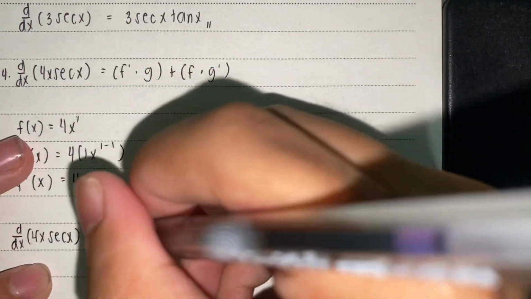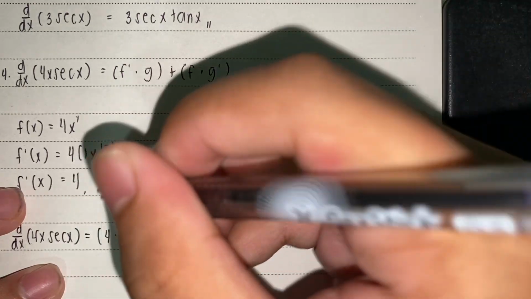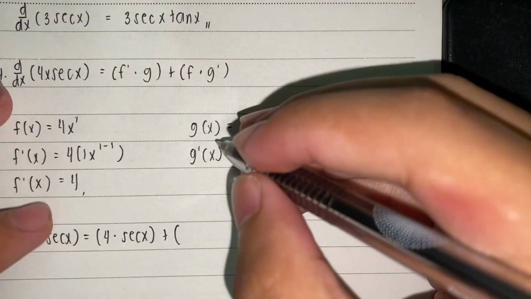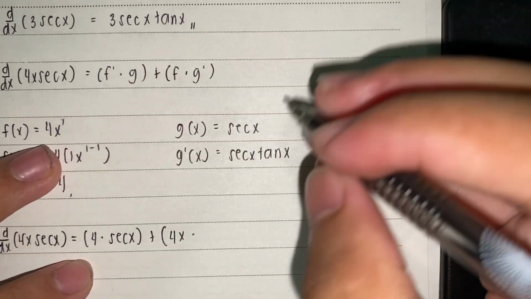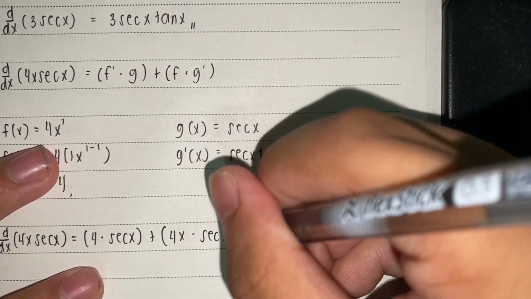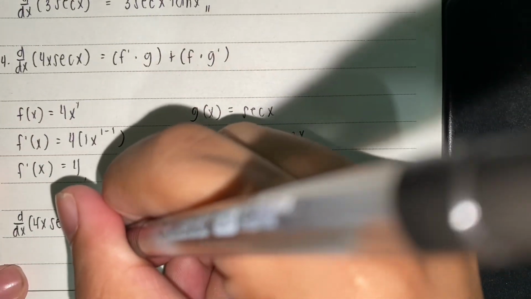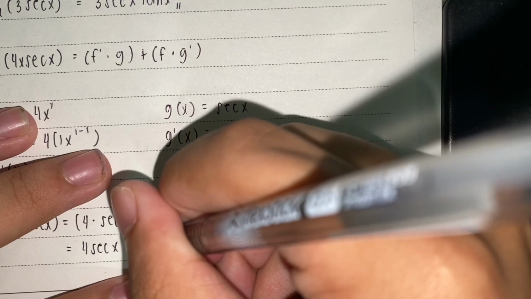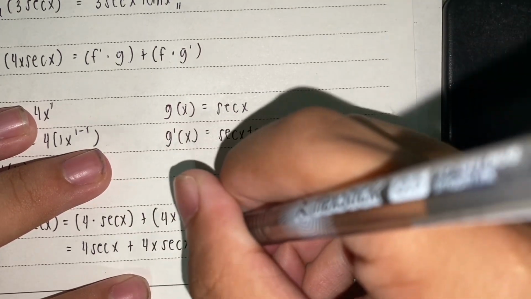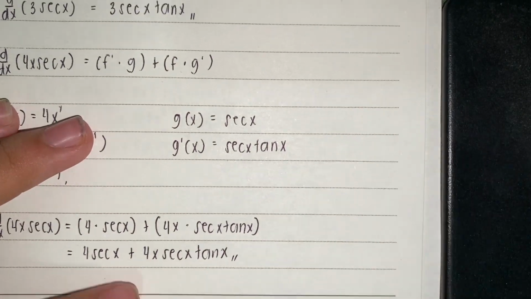The derivative of 4x secant x is equal to f prime, 4, times g, which is secant x, plus f, 4x, times g prime, which is secant x tangent x. Performing the operation, that is 4 secant x plus 4x secant x tangent x. That is our final answer for this example.